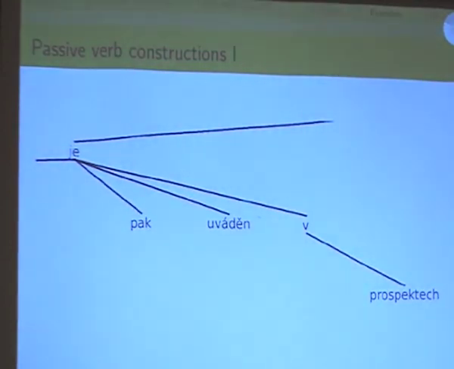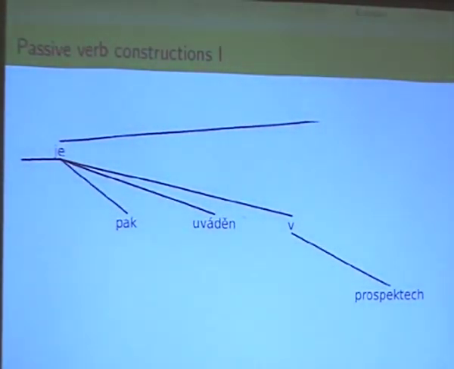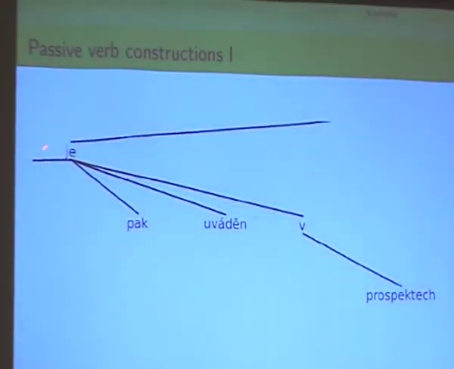Another probably more serious thing, and maybe you can explain it as well, is in passive verb constructions. There are inconsistencies in how the modal verb is connected with the past participle. So in this case, the past participle is dependent on this be, and the additional extensions are dependent on this be verb, right?